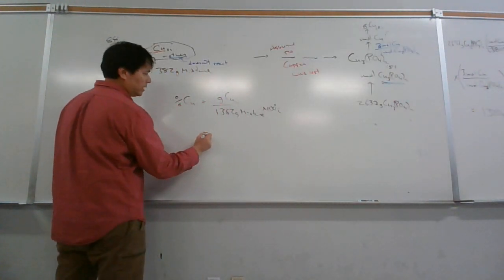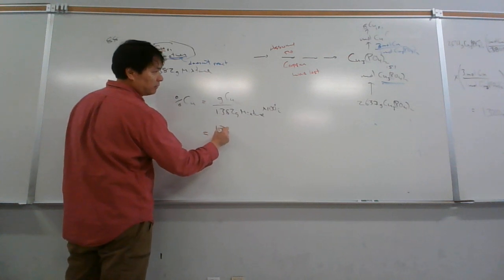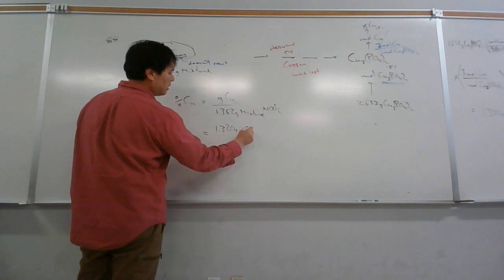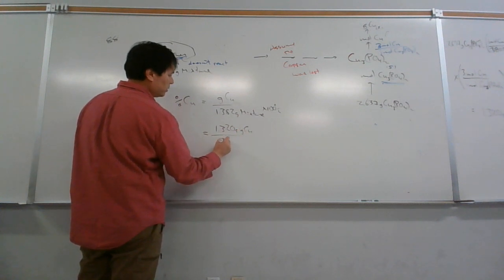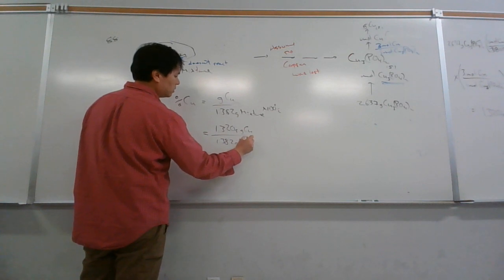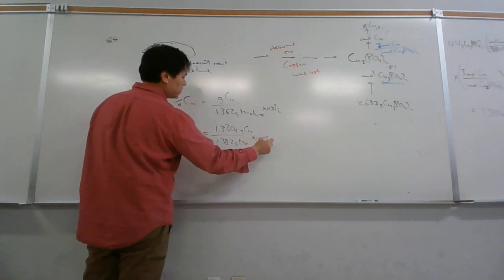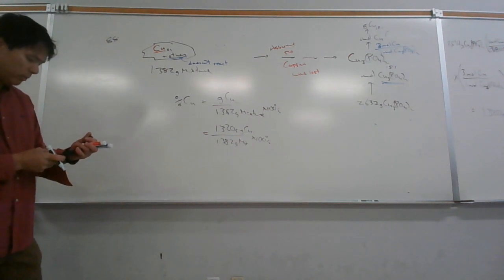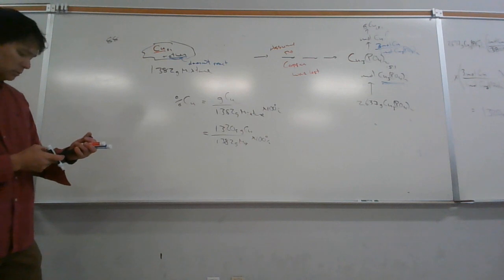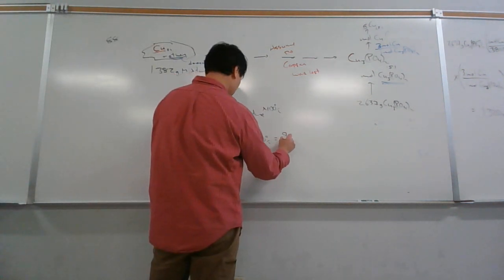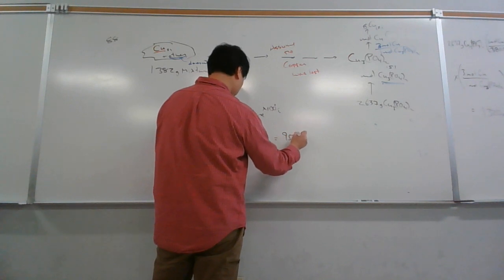And so plugging that in over here, I have 1.3209 grams of copper in this 1.382 gram mixture times 100%. So I'll take that and divide it by 1.382 times 100, which gives me 95.58.